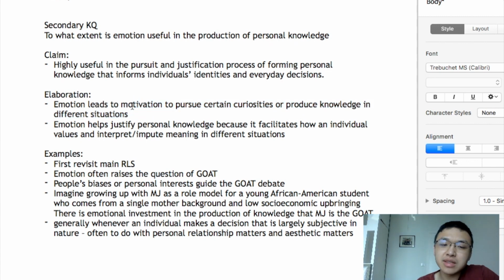Because emotion leads us to pursue certain things, emotion is what directs us to set goals and what motivates us to pursue knowledge or produce knowledge in different situations, right? So that's why emotion is very important in the production of knowledge, because it is what motivates us to pursue knowledge, right?